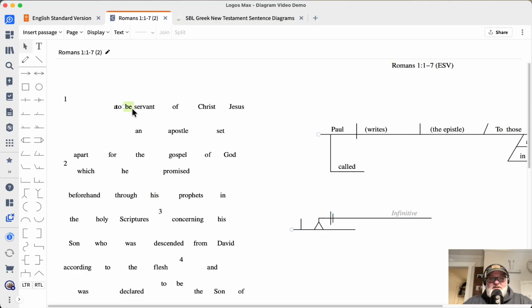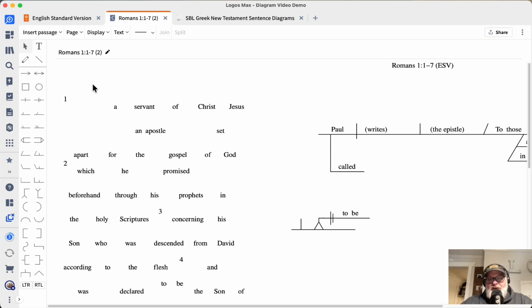So I can kind of take this and move this down. And then the to be. What is he called? He's called to be. And then he's called to be something. Who or what is he called to be? And he is called to be an apostle. So this is kind of completing the idea of this to be verb right here.